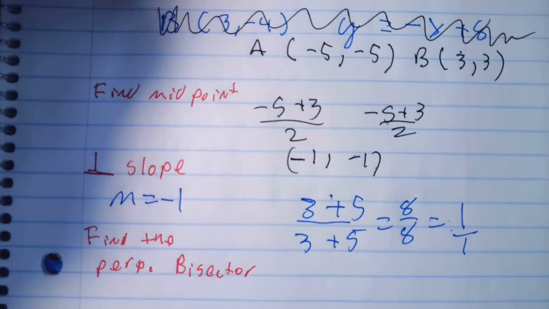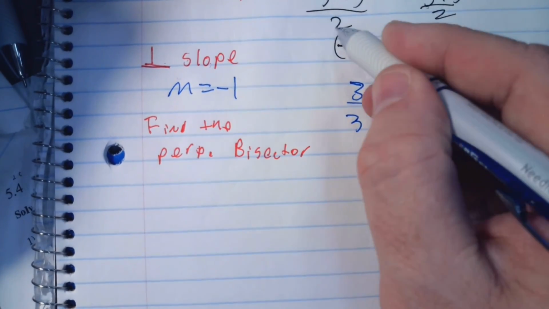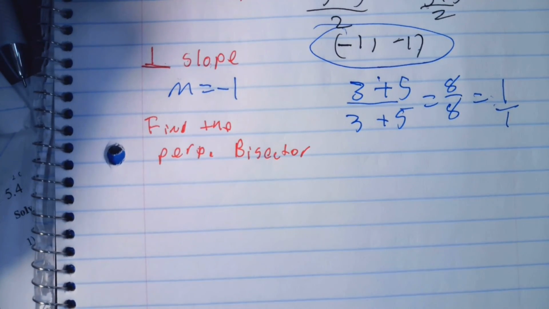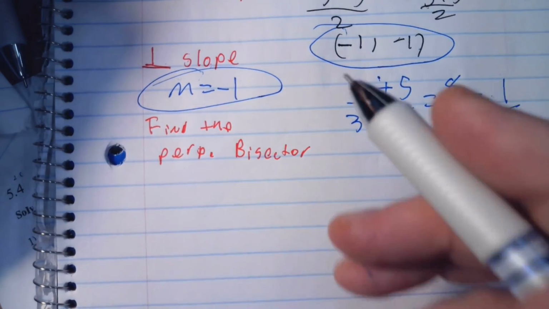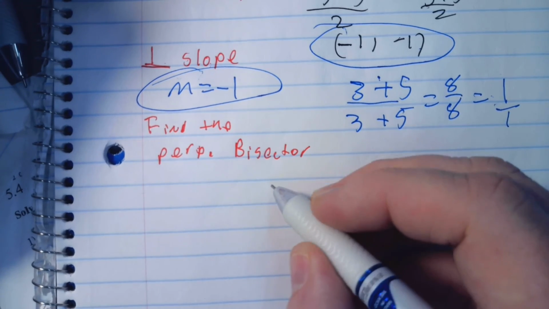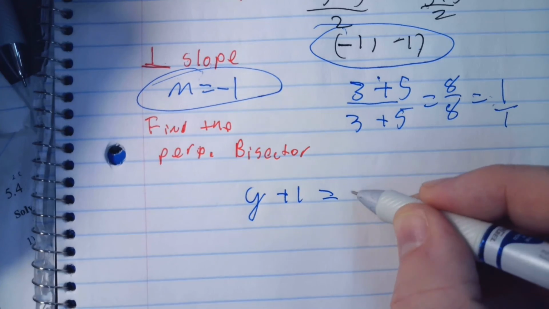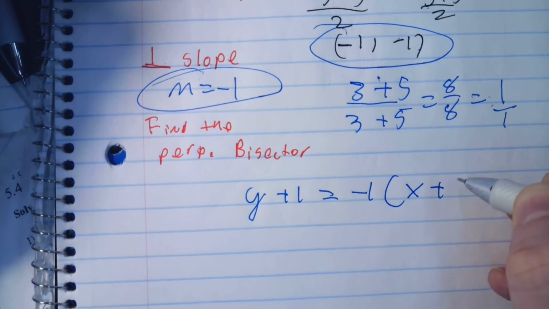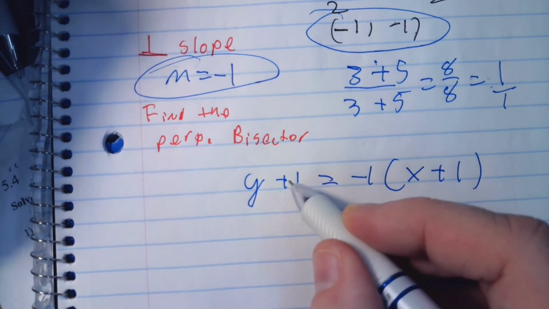Now, finding the perpendicular bisector should be easy, right? I use the midpoint because we want it to be perpendicular through the midpoint. And I use this slope. There's a lot of -1s on this problem. So let's see here. That would be y plus 1 equals -1, x plus 1. Okay, it's really minus a -1, but I put a plus.